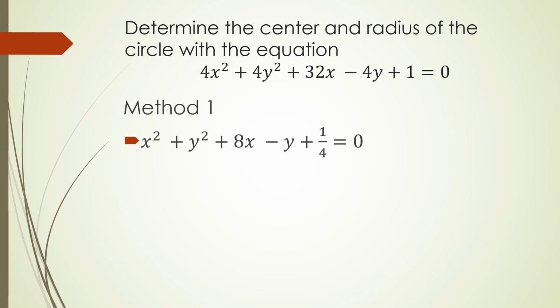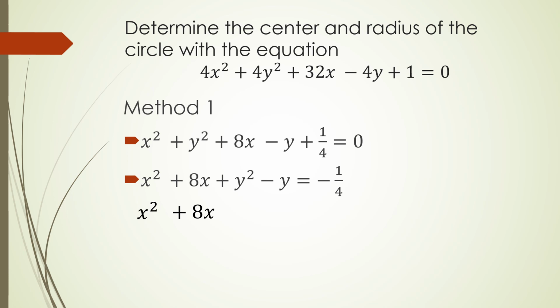Then after that, we're just going to arrange the given: x² + 8x + y² - y = -1/4. And then we're going to use completing the square. For x² + 8x, the step is to divide 8 by 2.